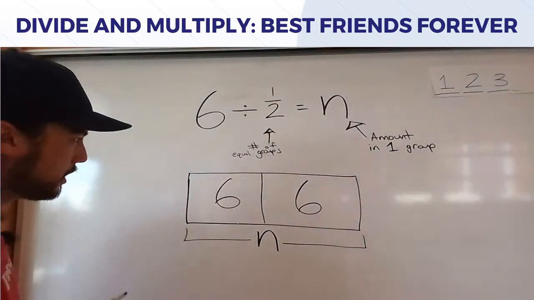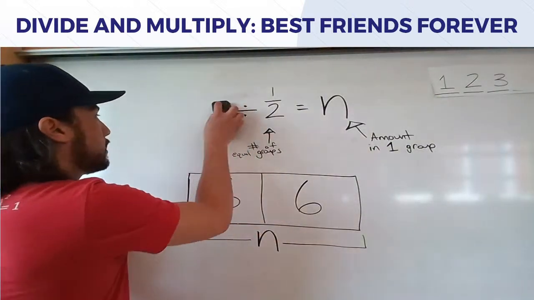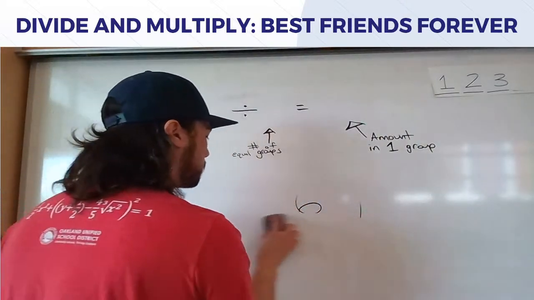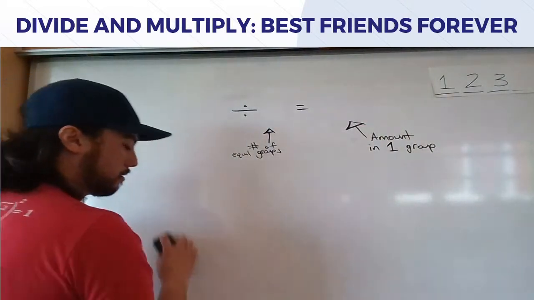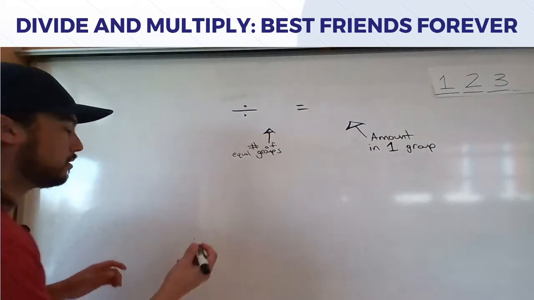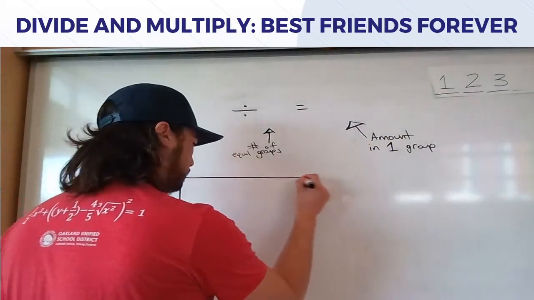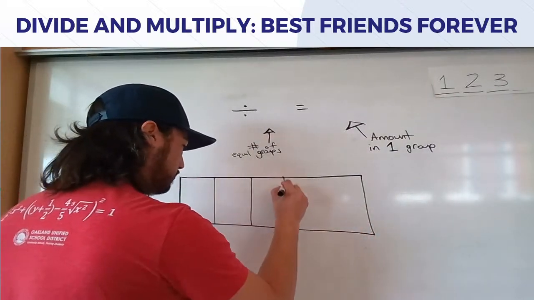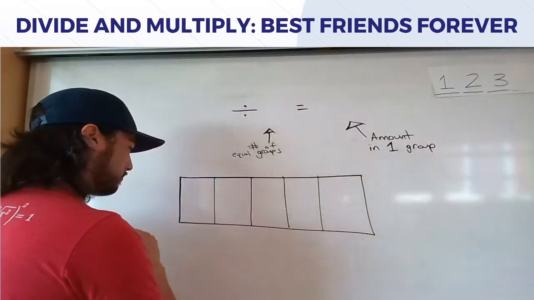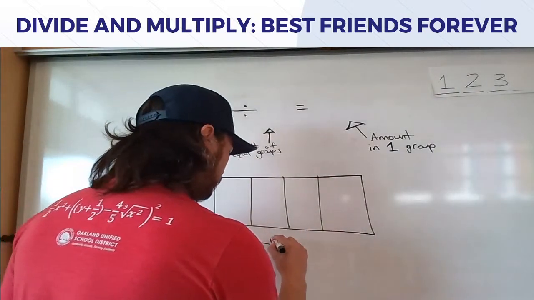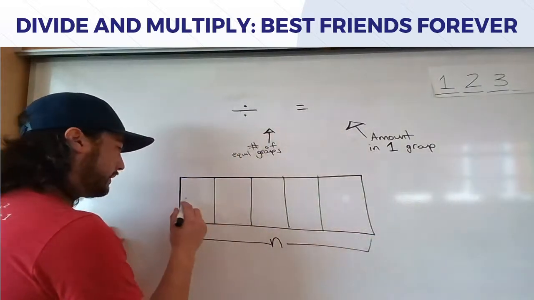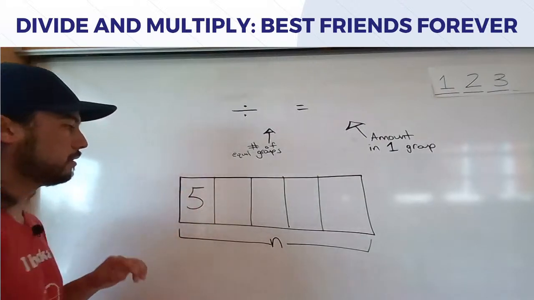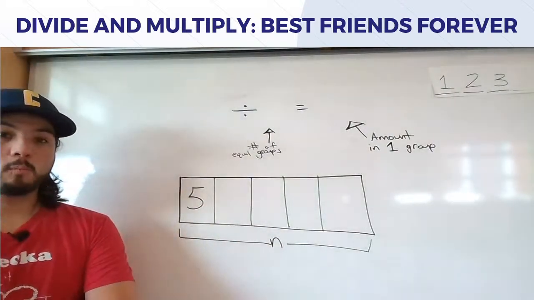Okay, let's try another model, and then we're going to fill in our equation. Again, the whole thing is n here. And let's put 5 there.